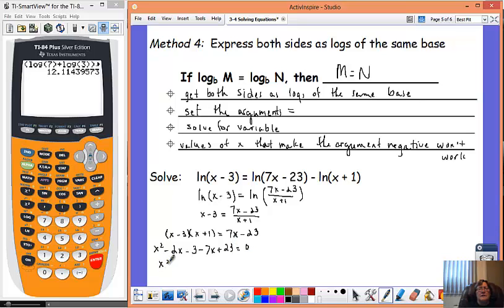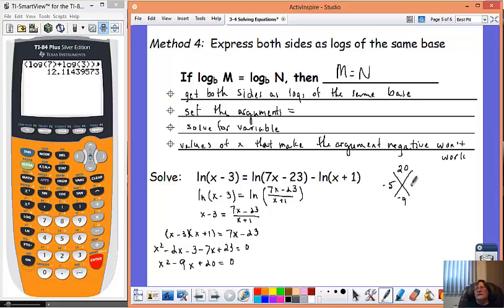x squared minus 2x minus 7x, so x squared minus 9x. Negative 3 plus 23 is plus 20 equals 0. It'd be nice if that factors. Can you guys think for me real quickly? 1 times 20 is 20. We need numbers that multiply to 20 but add to make negative 9, and I will bet that you are already there.